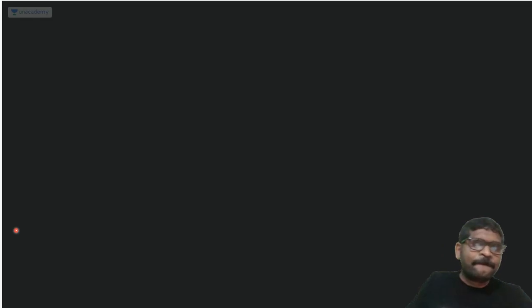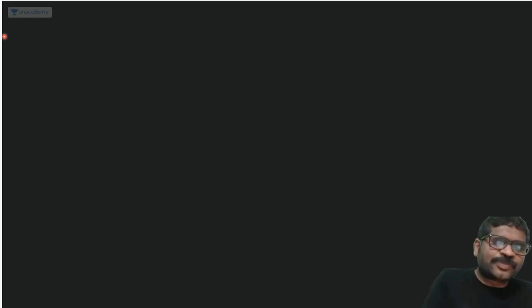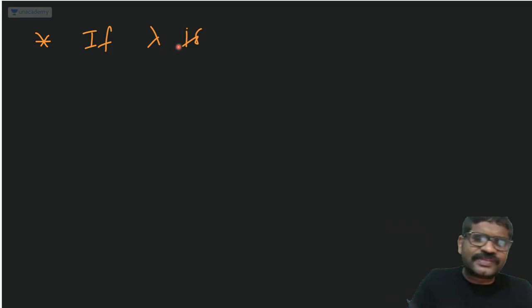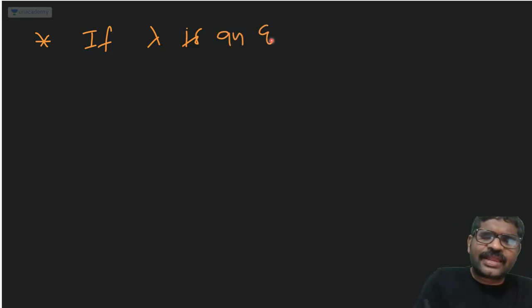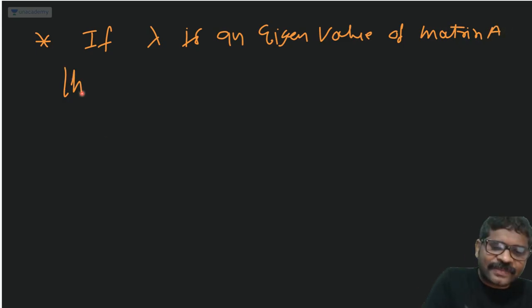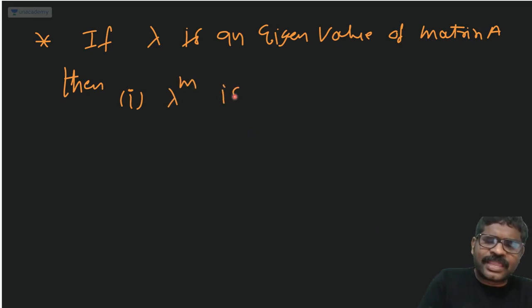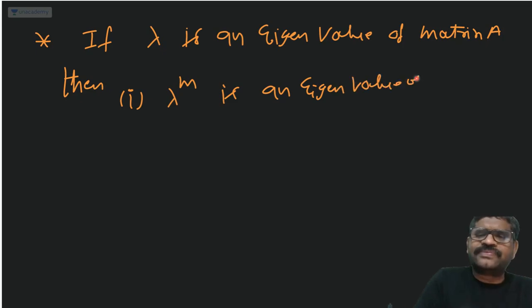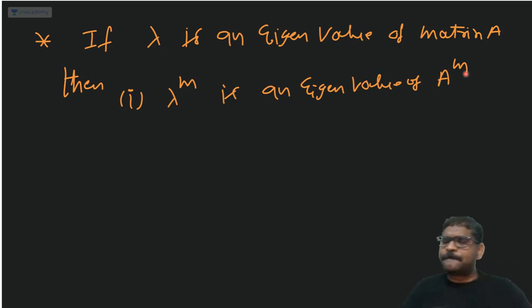Next property. If lambda is an eigenvalue of matrix A, then lambda power m is an eigenvalue of matrix A power m.